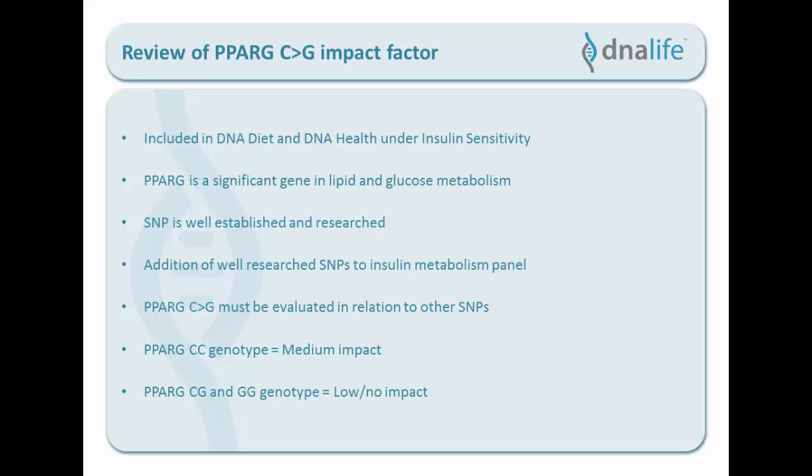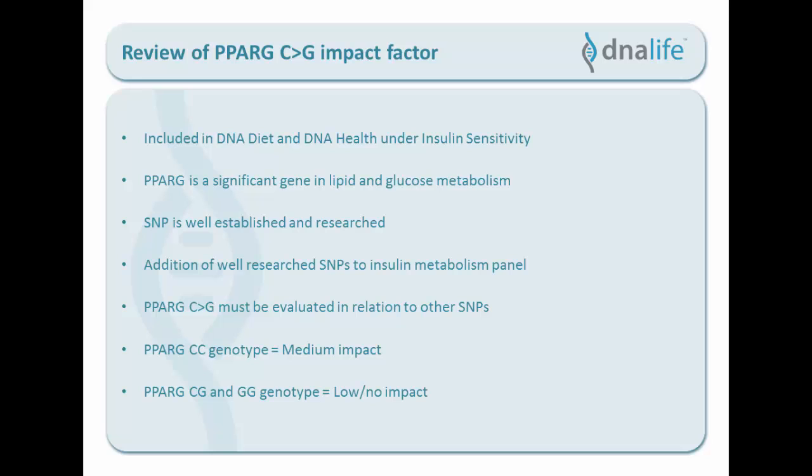But with more genes being added to the insulin sensitivity panel, we have re-looked the impact factor for the PPAR gamma genotypes. Because the DNA health test has evolved, and the insulin sensitivity panel has a number of extra genes from when we started with the test, these genotypes do need to be evaluated in relation to the SNPs in the metabolic area of insulin resistance.